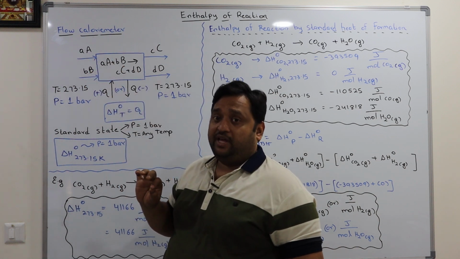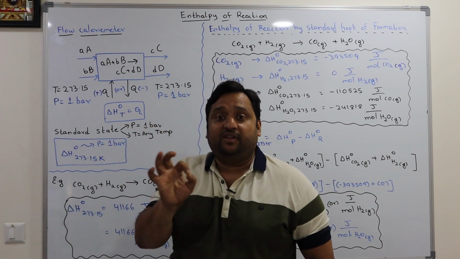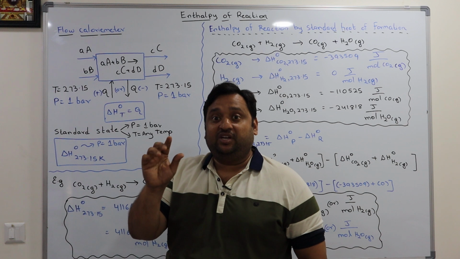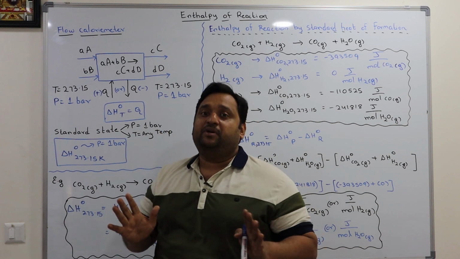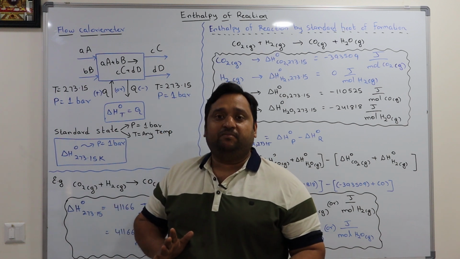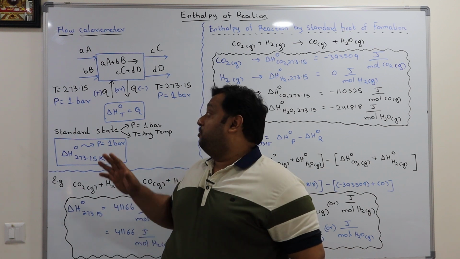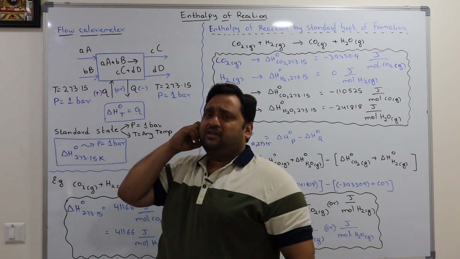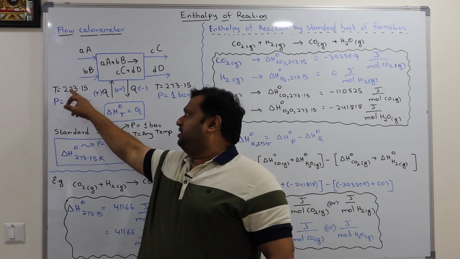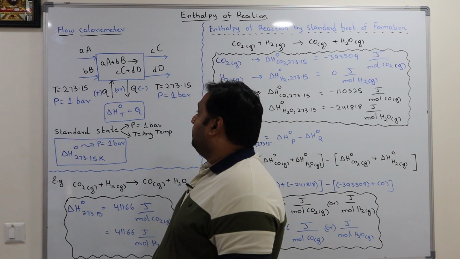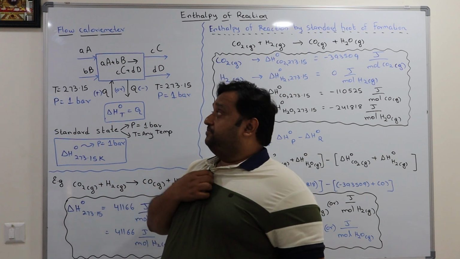As I told you, the standard enthalpy of the reaction means you have to report the enthalpy of the reaction at a specified temperature. Let us assume that specified temperature is 25 degrees centigrade, for example, 273.15 Kelvin.